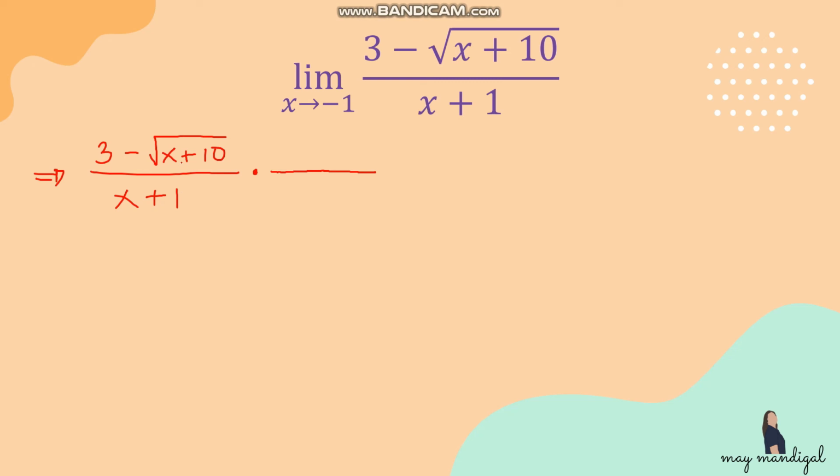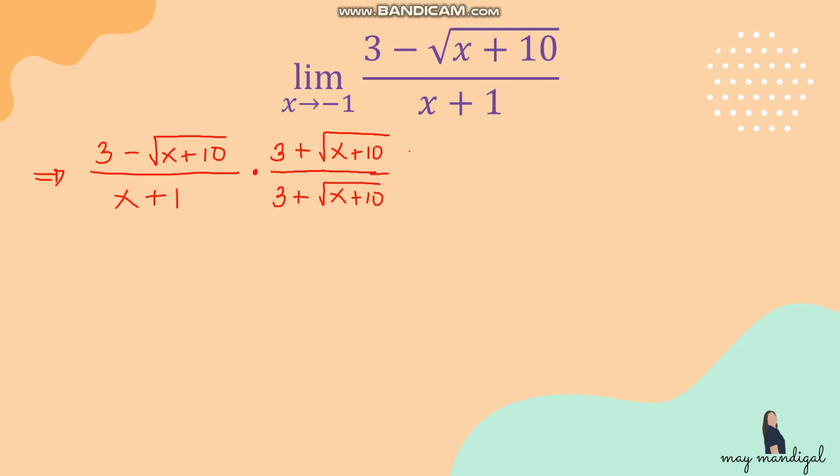What do we mean by conjugate? We are just going to copy the terms, but we are changing the sign. So we will multiply by the conjugate of the numerator, which is 3 plus square root of x plus 10. So we will multiply both the numerator and the denominator by this.